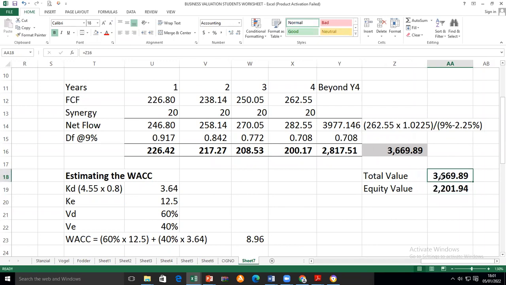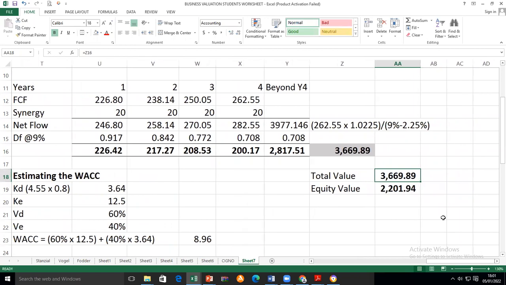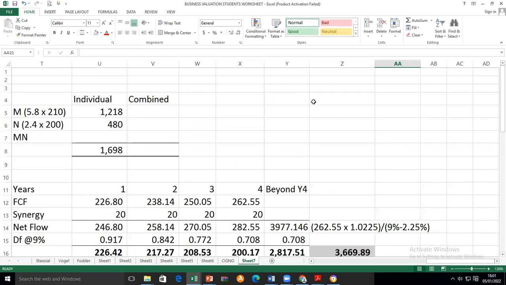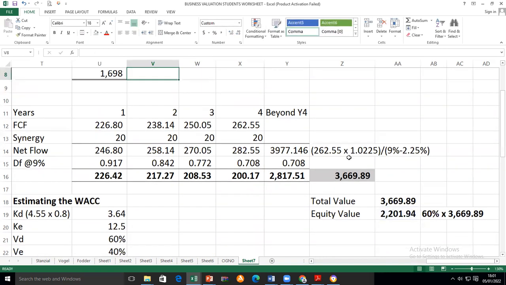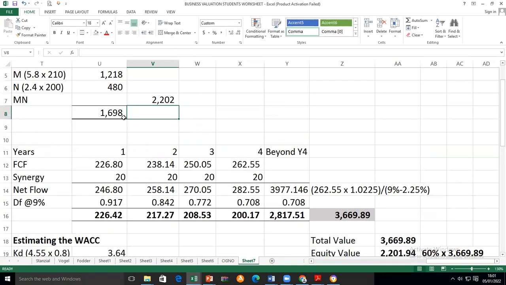So equity is 60% of that. Debt is what? 40%. So that's what you have. Right? So this is the combined value. That's the value which you now bring here.